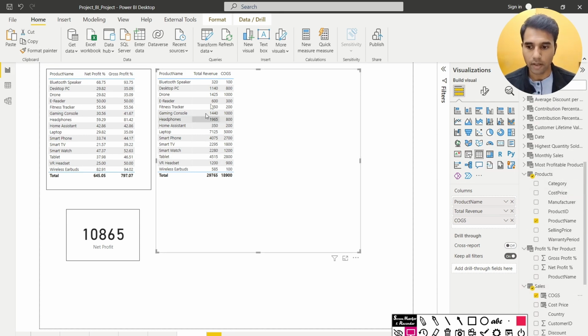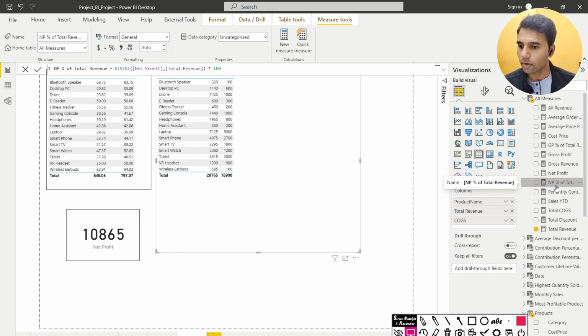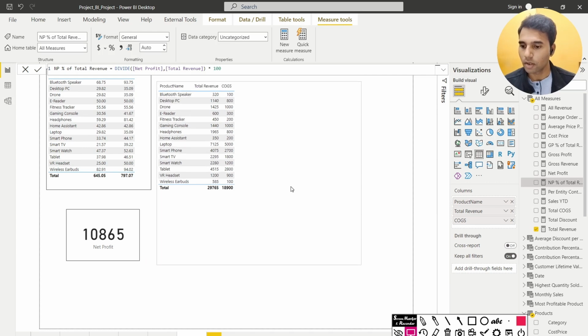so I have the total revenue, I have the COGS, then I have the net profit percentage. Net profit percentage is net profit divided by the total revenue. And what is net profit? Net profit is total revenue minus the cost price. Okay, so it is 220 divided.